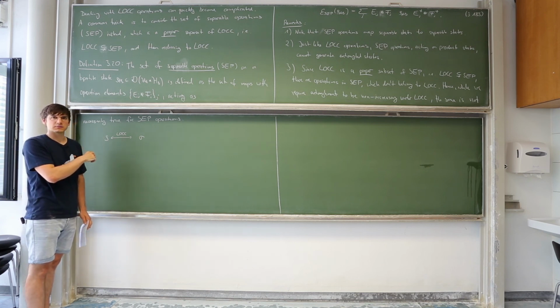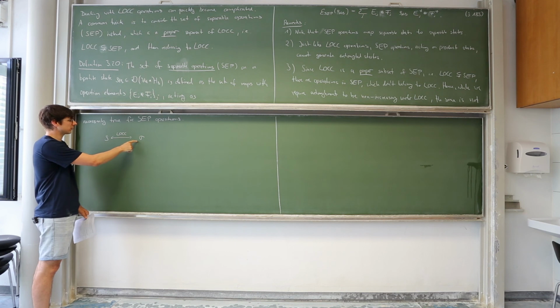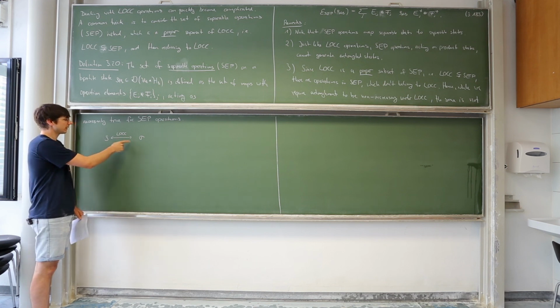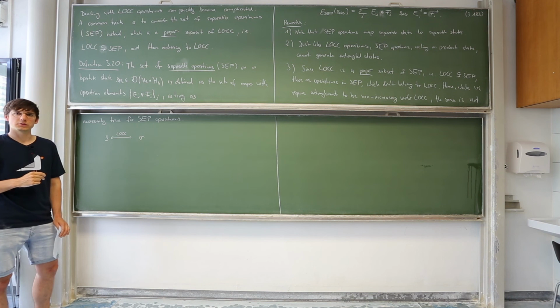And it must be also such that I'm not losing entanglement, right? Because if I go first from rho to sigma and then from sigma to rho via LOCC, then I cannot lose entanglement via these operations. And this means that I need local unitary operations.